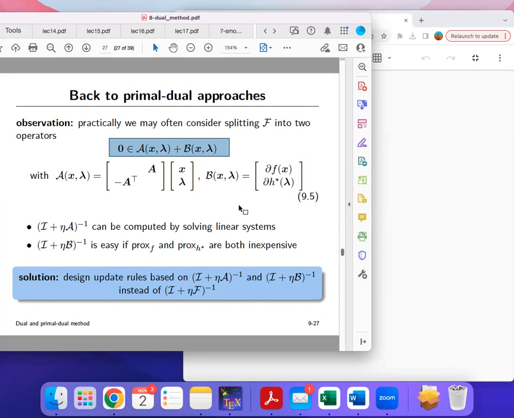But the question is, for each of these two smaller operators, we can compute the proximal mapping, or what we call the resolvent mapping, this inverse mapping. Later on, we will see how to compute that. Basically, the resolvent operator of this part is the proximal operator, and for this one, it's basically solving a linear equation, so it has an analytical solution.